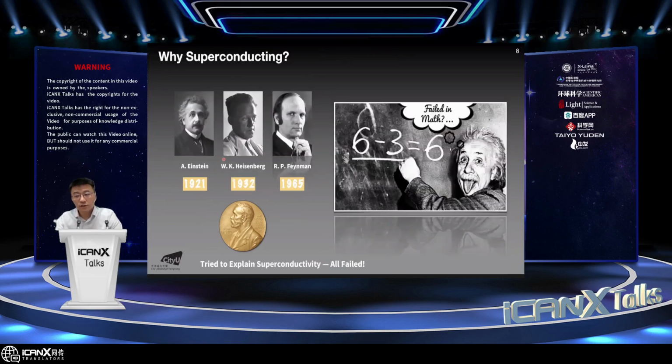Of course, there were not only successes, but also failures. I like to talk about this, particularly to intrigue young people working on material science and physics, just to tell everyone that even among the most brilliant minds of humankind, including Einstein, Heisenberg, and Feynman, all big names, they tried in different ways to understand why we can have superconductivity, but they all failed.